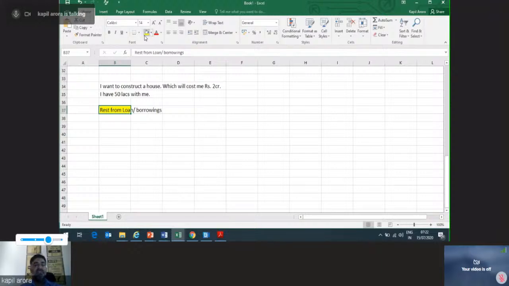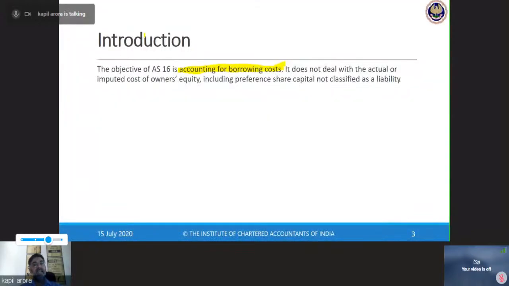I cannot construct my house without taking the loan, so it becomes directly attributable, and it has to be added in the value of the asset if it meets the criteria. So moving towards whether the criteria are getting met or not. First, whether it is directly attributable or not, that's something we have seen in AS 16 and AS 2. So here we are talking about borrowing cost that can be added to the value of inventory as well as to the value of the asset.